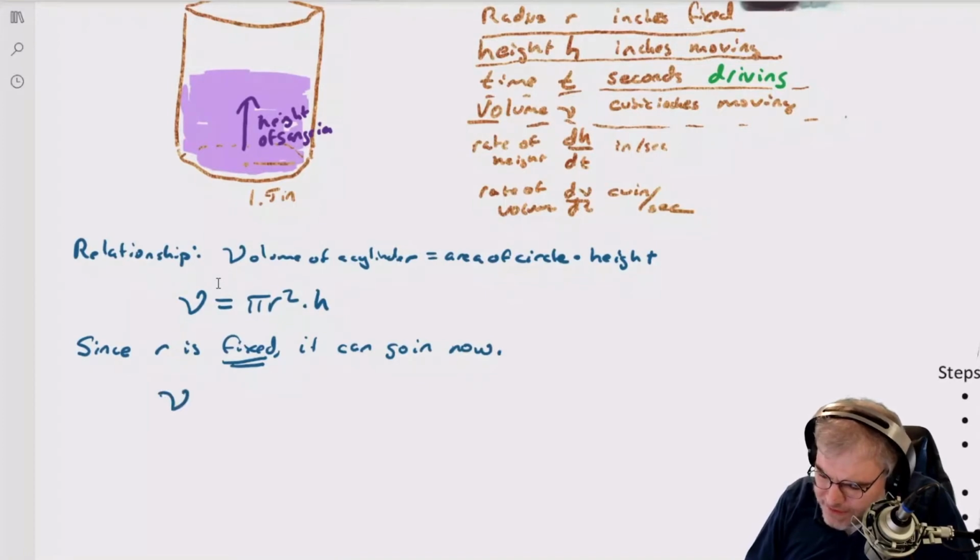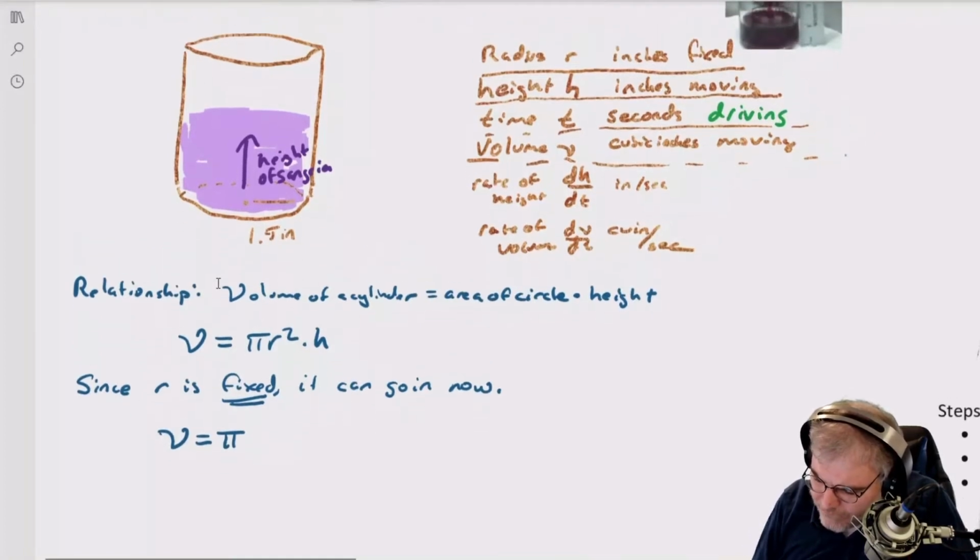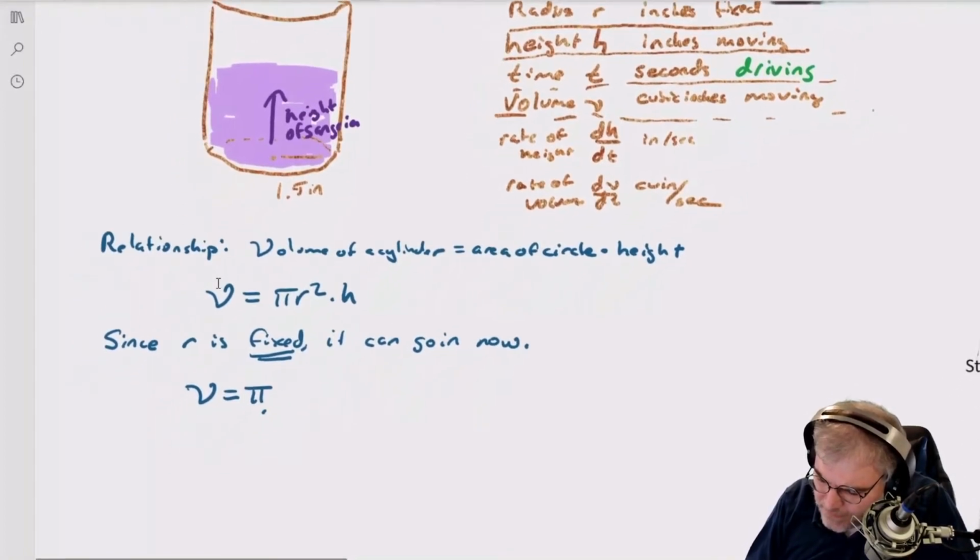So that's V equals pi times R, which is 1.5, squared, times H.